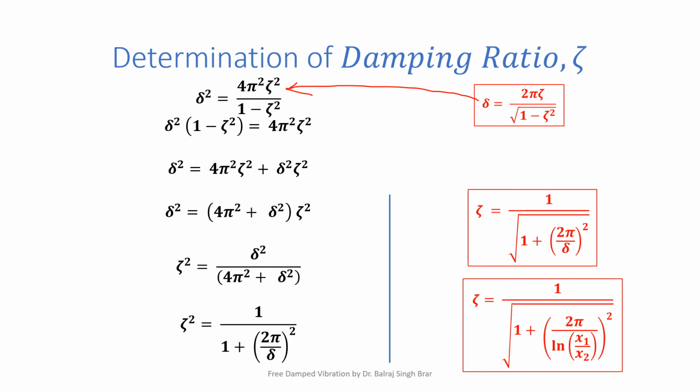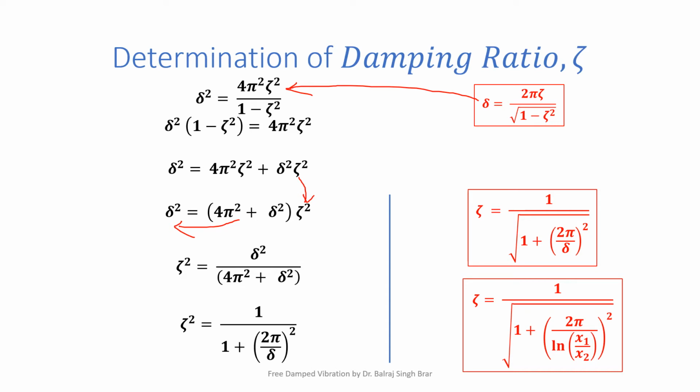Taking zeta square term on the right side, delta square is equal to 4 pi square zeta square plus delta square zeta square. Taking zeta square term common, delta square is equal to 4 pi square plus delta square multiplied by zeta square. Now taking this term on the other side, we get zeta square is equal to delta square by 4 pi square plus delta square.